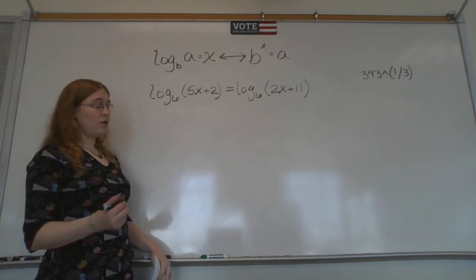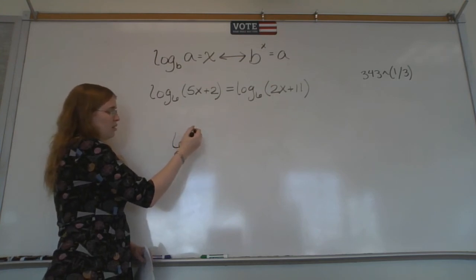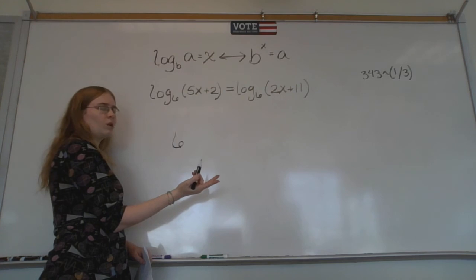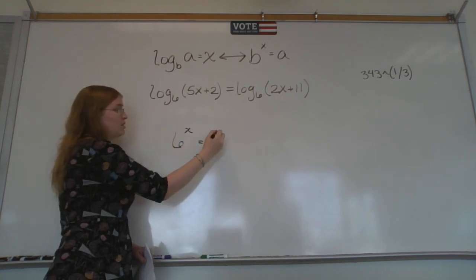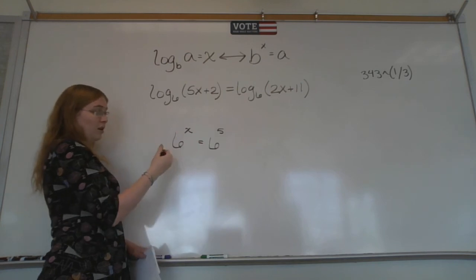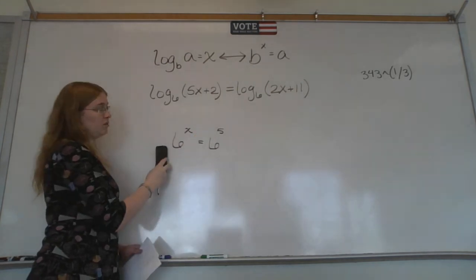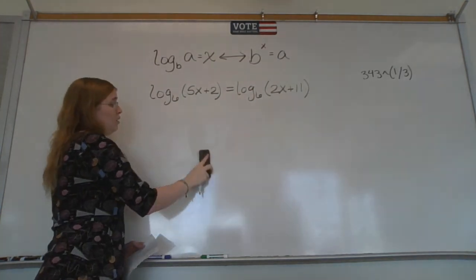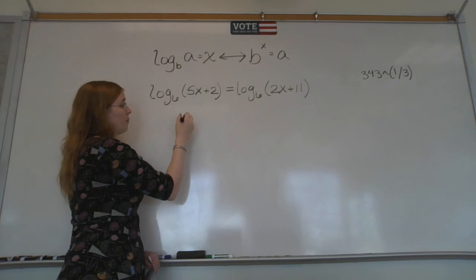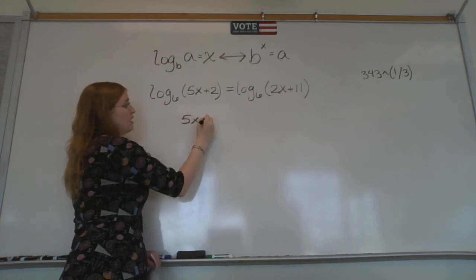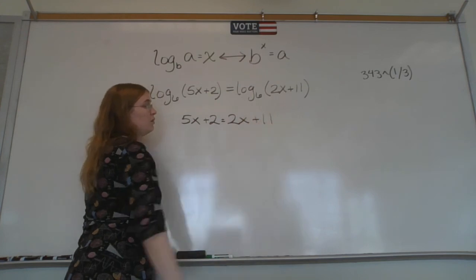So if you recall when we were doing exponentials, if you had 6 to the x equals 6 to the 5, then when the bases were the same, we could set the exponents equal to each other, right? We did that last week. Likewise, the bases are the same, so we can set these insides equal to each other and just solve from there.